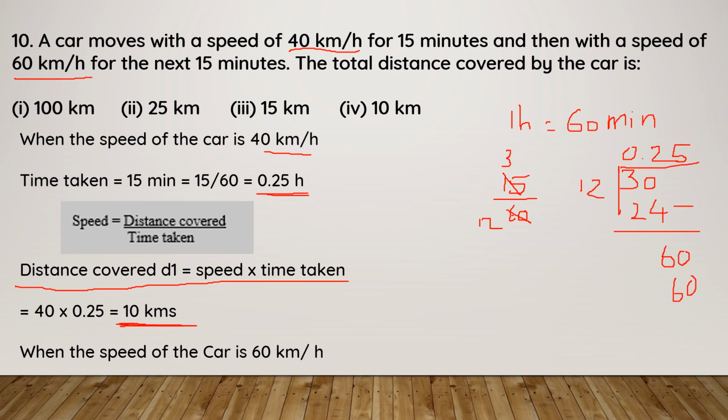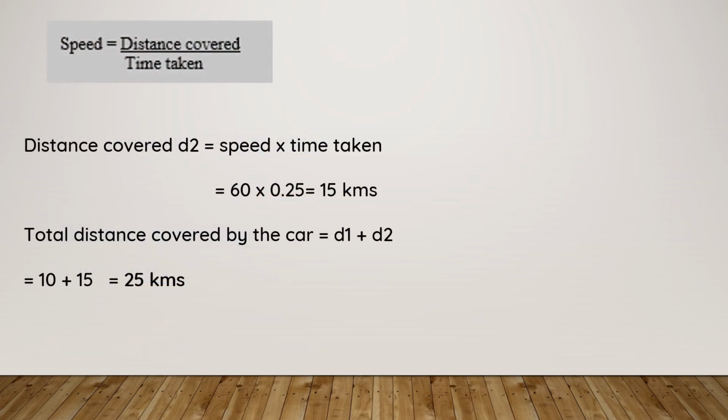When the speed of the car is 60 kilometers per hour, here also we find the distance covered, D2. We'll just write D1 and D2 for the first case and second case.